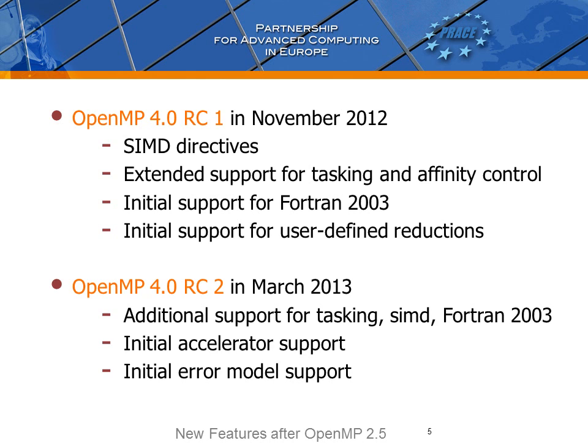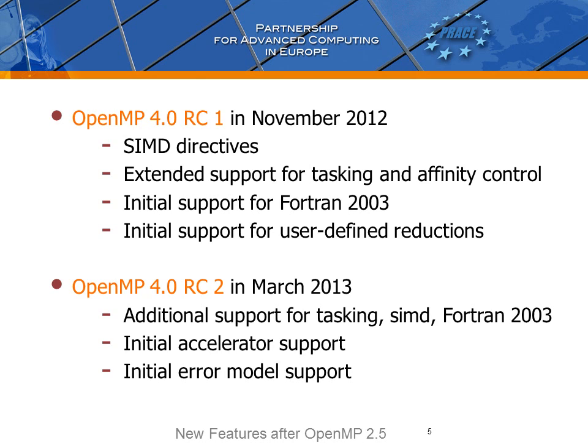OpenMP 4.0 Release Candidate 1 was released in November 2012. It includes SIMD constructs to vectorize both serial and parallelized loops, thread affinity, a new tasking construct, initial support for Fortran 2003, and user-defined reductions. The release candidate 2 was released in March 2013.